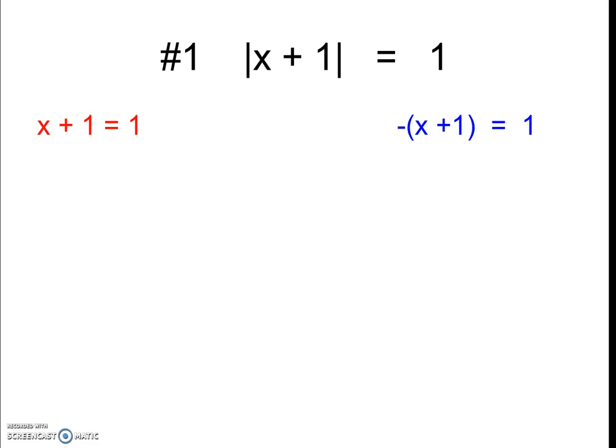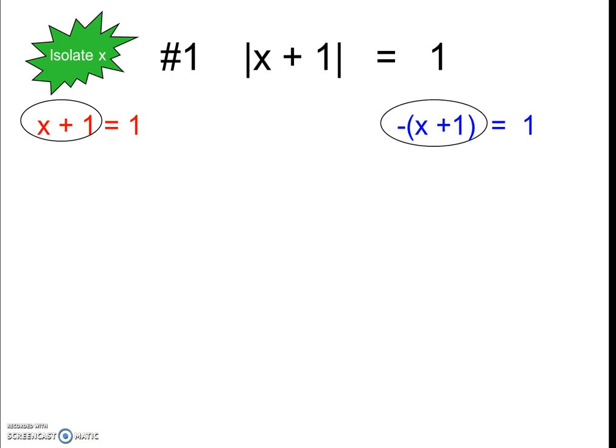The other equation is the opposite, isn't it? It's the negative. So see that little negative right there? We're going to put a negative. Negative of x plus 1 equals 1. Now we have made the positive and we have made the negative. So we have now two equations because we know we need two answers.